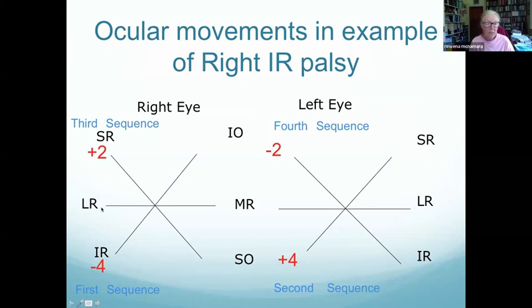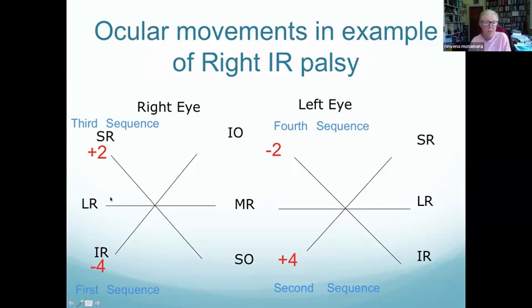Stage 3 is the overaction in the same eye of the antagonist. So that is the superior rectus of the right eye. And then the 4th stage is the secondary inhibitional palsy in the left eye of the left inferior oblique.